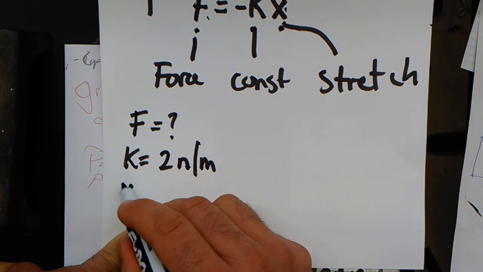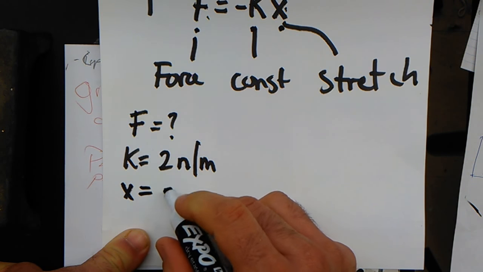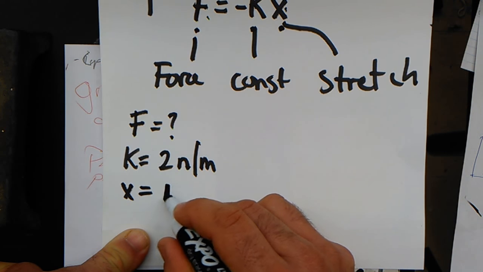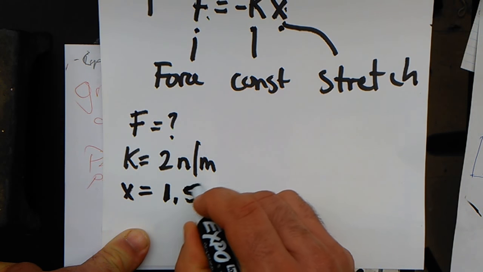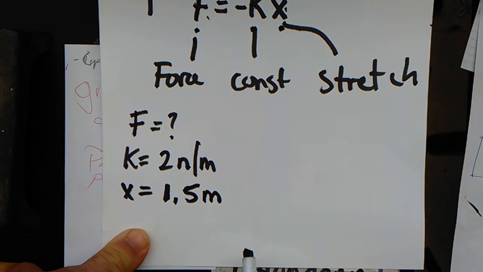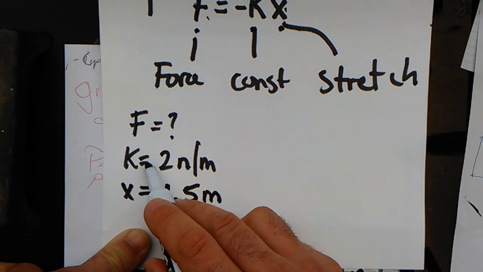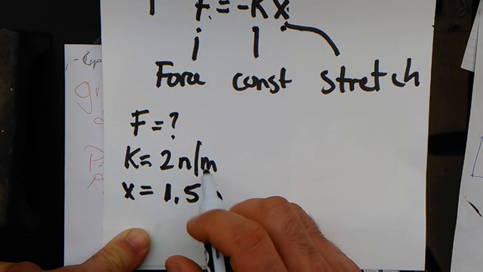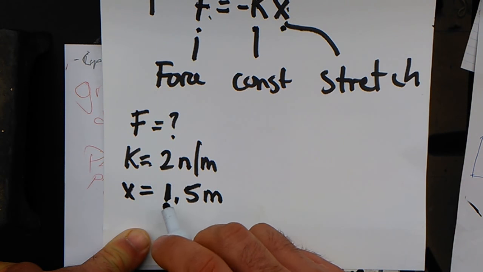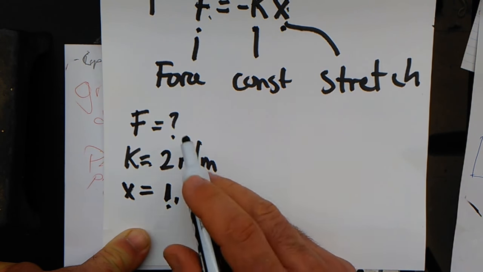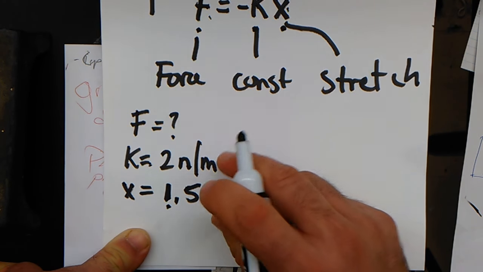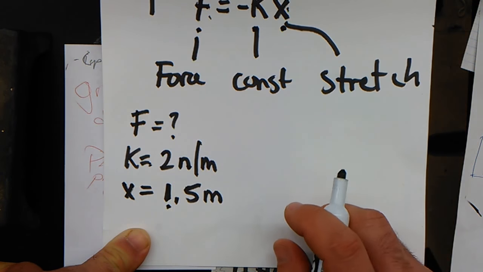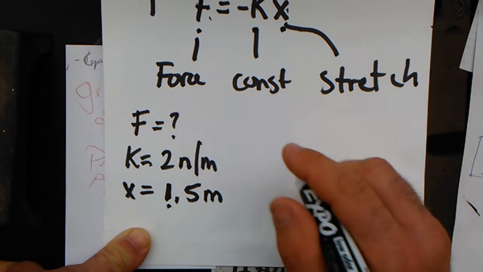And then let's say I have a stretch distance of 1.5 meters. The springs have a constant. The way they're built in the factory, they all have a constant, unless you pull them too much and they stretch out. We stretch it 1.5 meters. What force will it take to stretch our spring 1.5 meters?